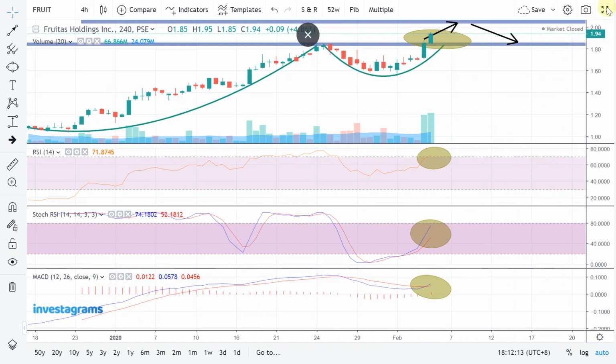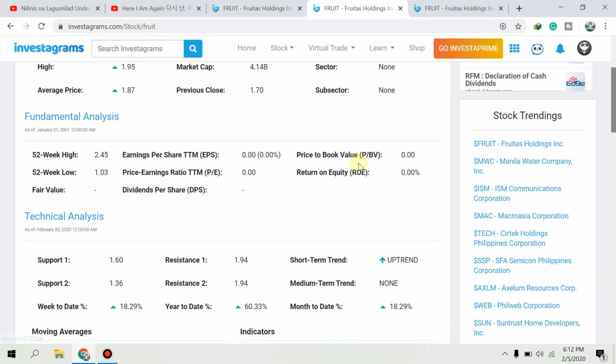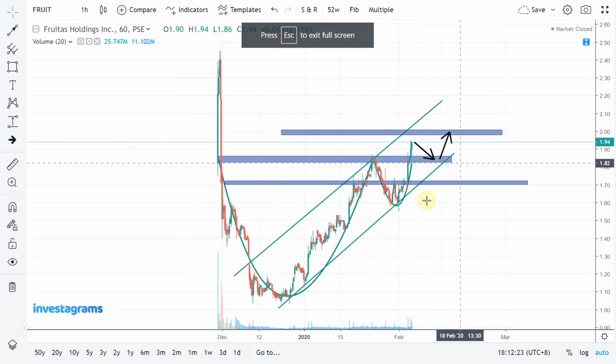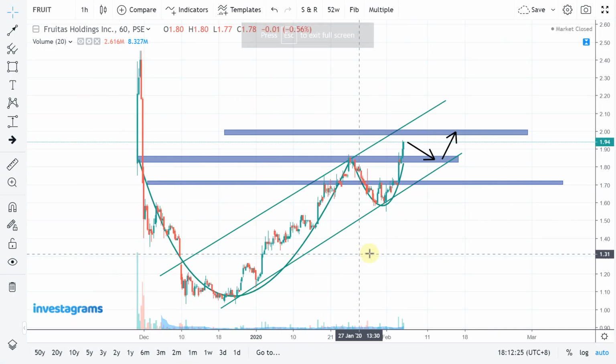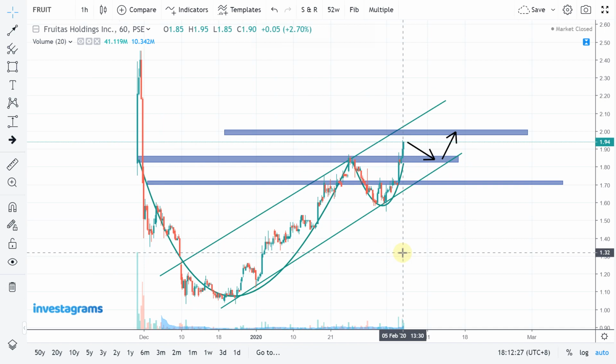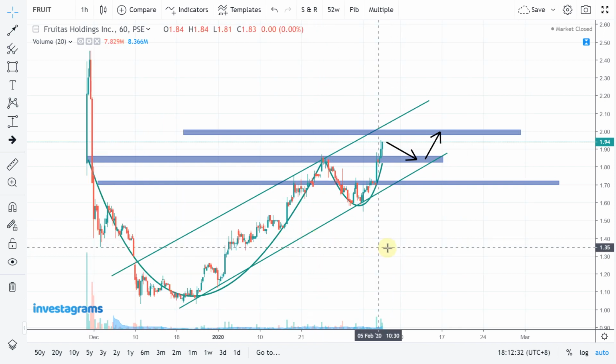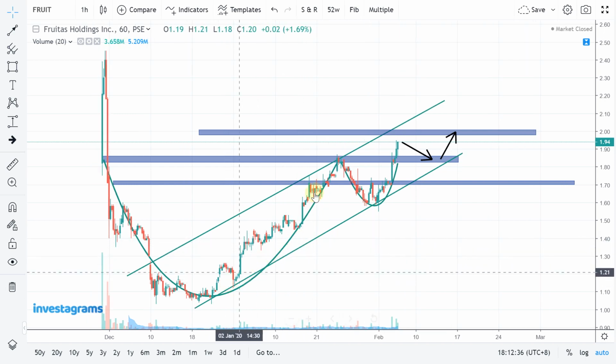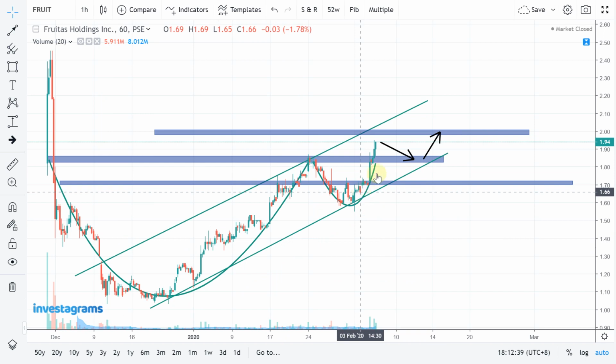Then yung last natin for intraday chart, we will be using 1-hour chart. Ayan guys. Aside from dun sa cup with handle pattern, naka-spot din tayo ng channel, uptrend channel. So possible tatama tayo dito sa may first resistance natin around 2 pesos.